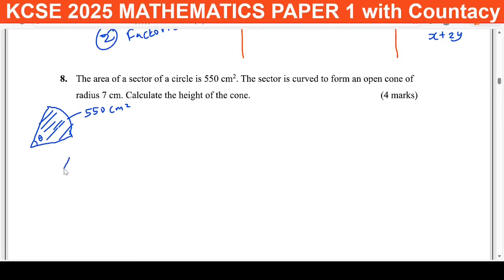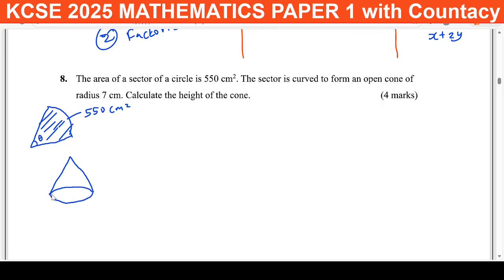A cone looks something like this. This is just a sketch, right? So this is what will be formed, and we are told that it's open and it has a radius of 7 centimeters.